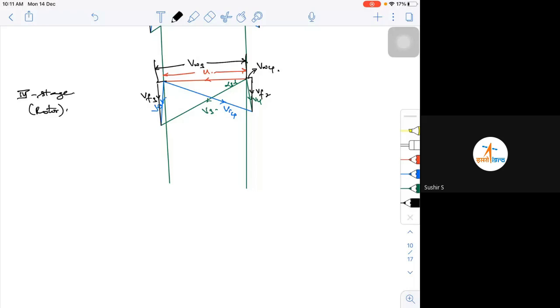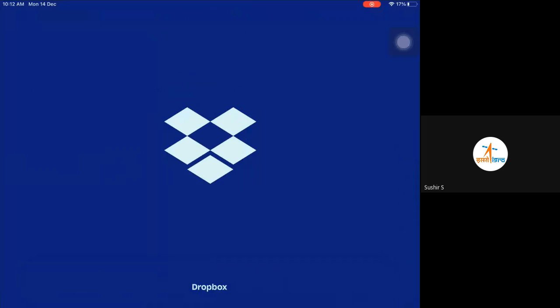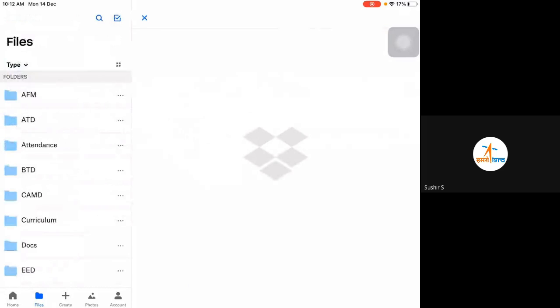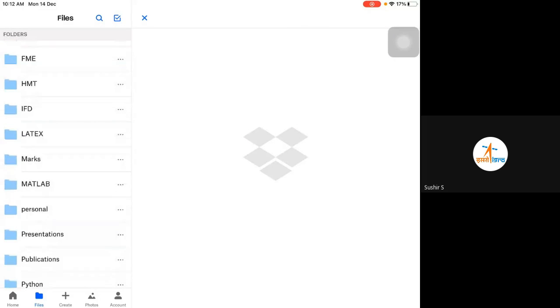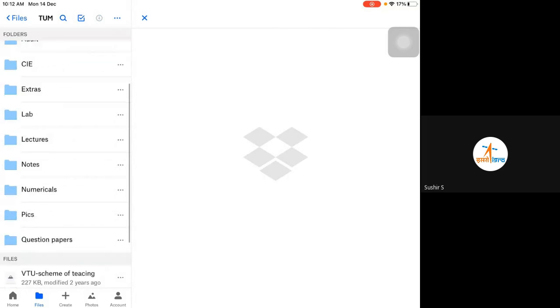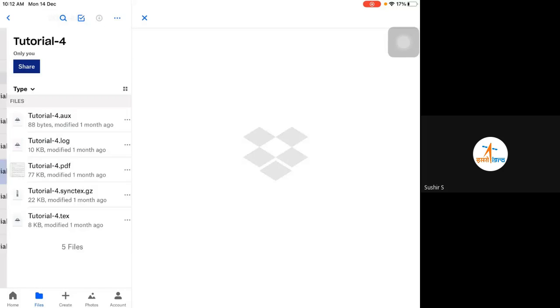So we'll take up the numerical sheet. I'll show you the numerical sheet. It's available in the Dropbox. I have put around 14 or 15 numericals. Just check into those numericals. Tutorial 6, I think.